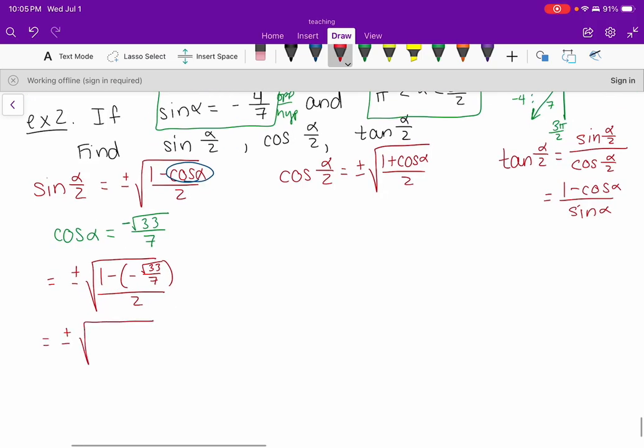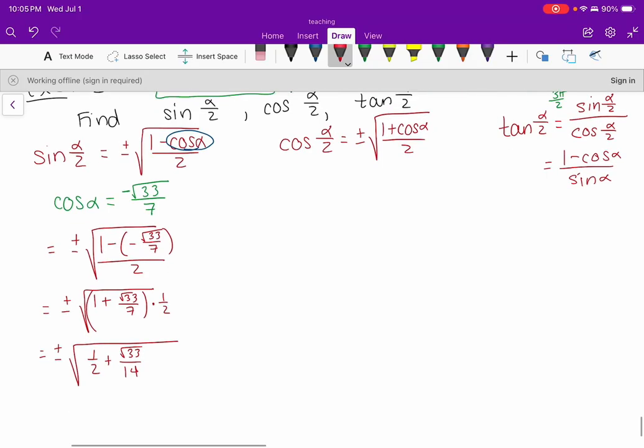I'll deal with that plus or minus on the outside at the end of this. I get 1 plus square root 33 over 7. Instead of dividing by 2, I'm going to multiply by a half. Plus or minus the square root of 1/2 plus square root 33 over 14.